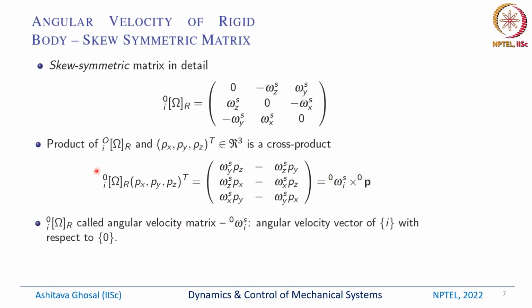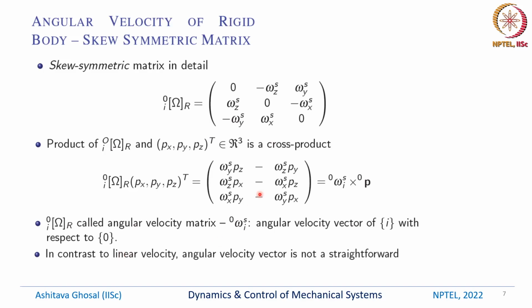The skew-symmetric matrix is also sometimes called the angular velocity matrix, whereas this vector, which has the three components omega x, omega y, omega z of the skew-symmetric matrix, is called the angular velocity vector of I with respect to 0.